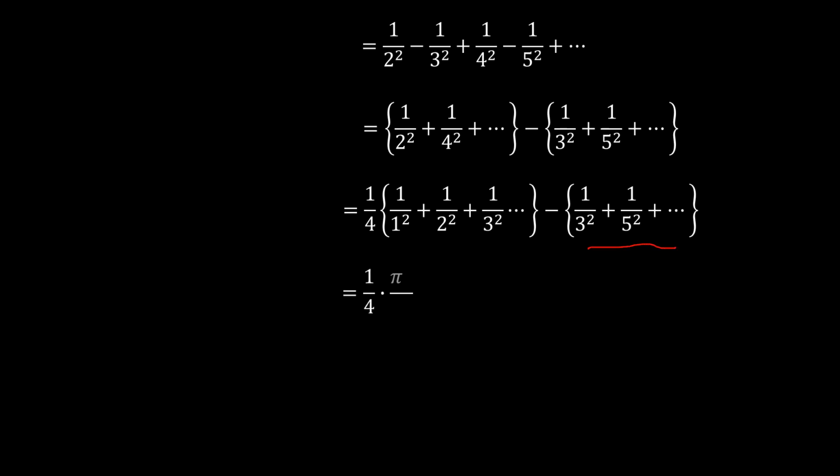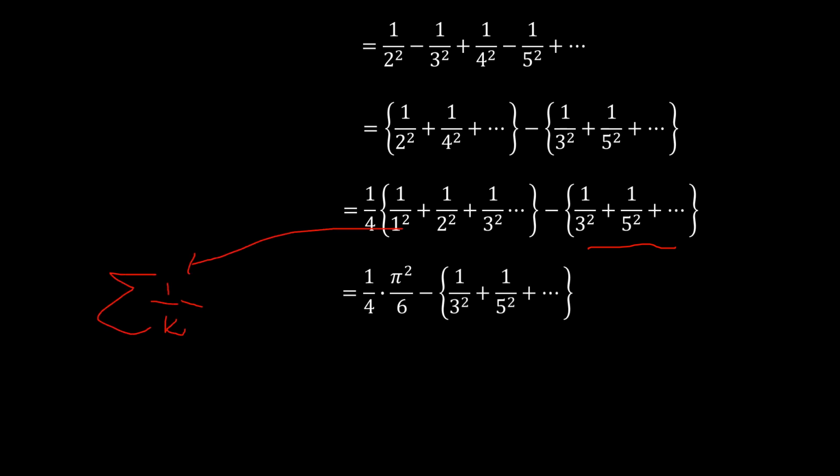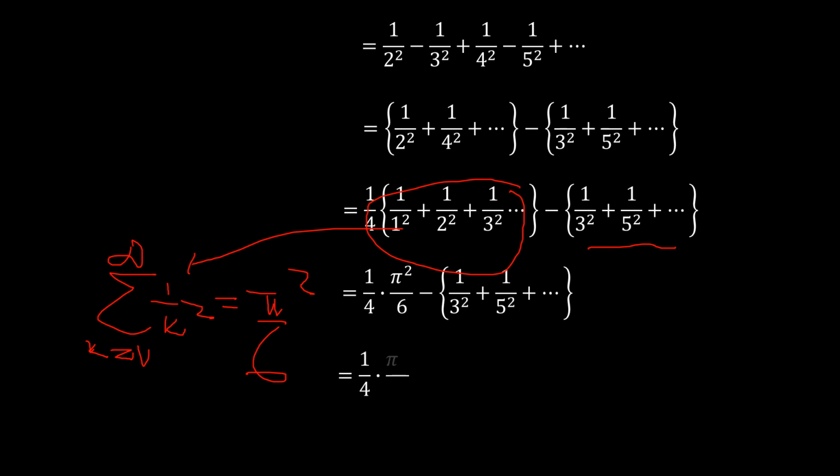Then we can go ahead and now, since we know that the summation of 1 over k squared from k equals 1 to infinity is equal to pi squared over 6, this is the Basel problem, this entire thing here becomes pi squared over 6 times the quarter. So this is obviously taken care of. But this one here, now we have these odd terms. How do we solve that?